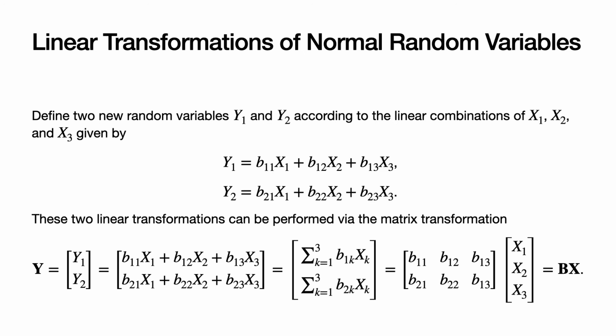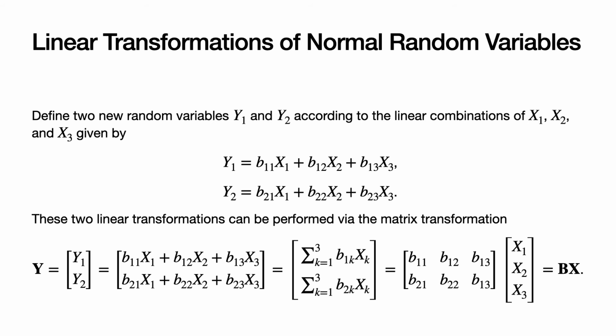Define two new random variables, y1 and y2, according to the linear combinations of x1, x2, and x3 given by the following. So y1 is equal to b11 times x1 plus b12 times x2 plus b13 times x3, and y2 is equal to b21 times x1 plus b22 times x2 plus b23 times x3.